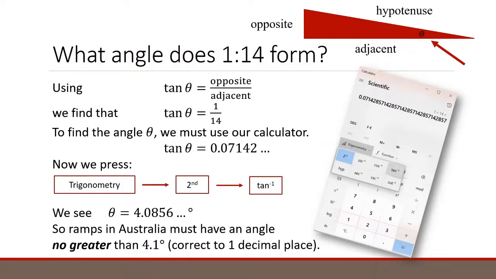We found the ratio, 1 to 14, calculated that, now we go second function, inverse tan. And we see that theta equals 4.0856 and so on degrees. So ramps in Australia must have an angle no greater than 4.1 degrees, correct to 1 decimal place. And we found it more accurately than just using a protractor.